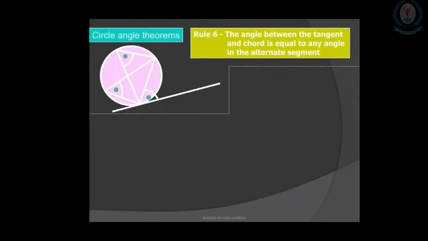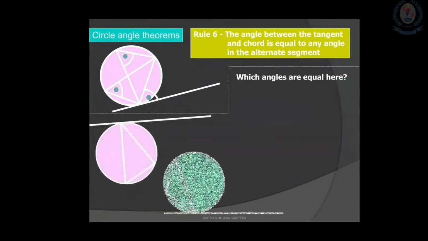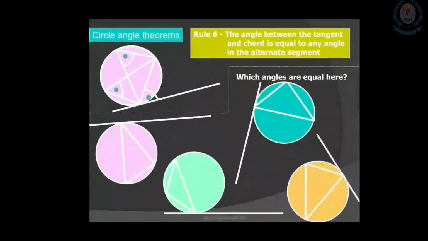Theorem number 6. The angle between the tangent and chord is equal to any angle in the alternate segment. In this diagram I have marked the alternate segment angles. Those angles are always equal in size. In addition, I am going to mark the alternate segment angles for these 4 circles.